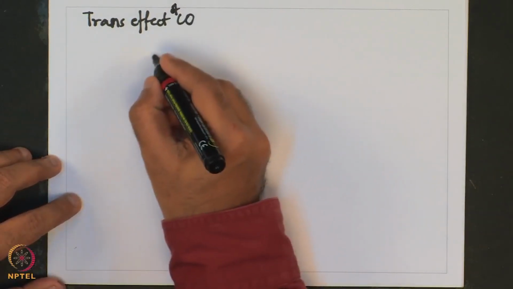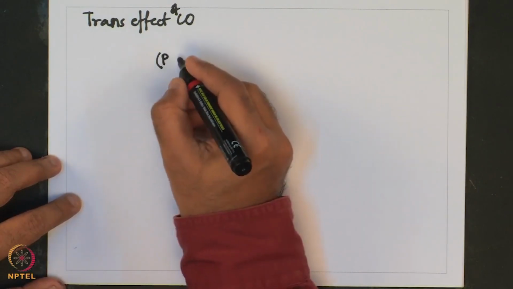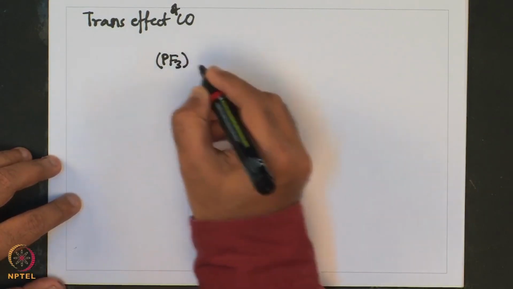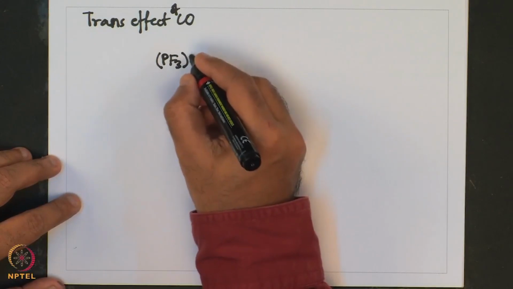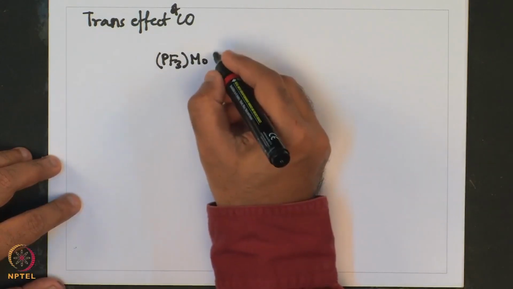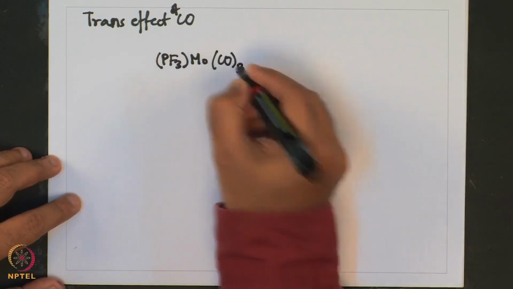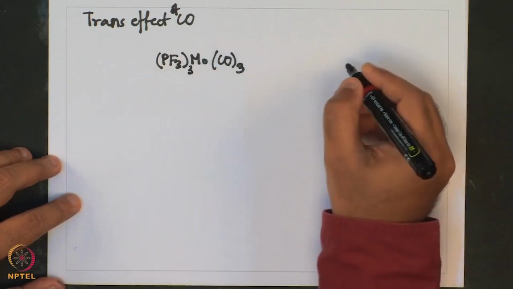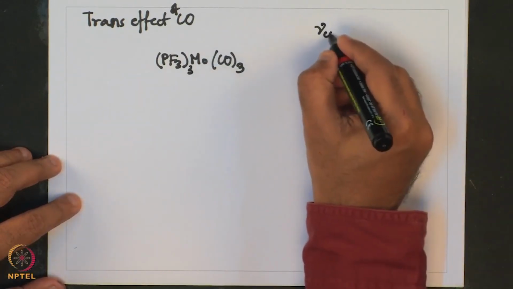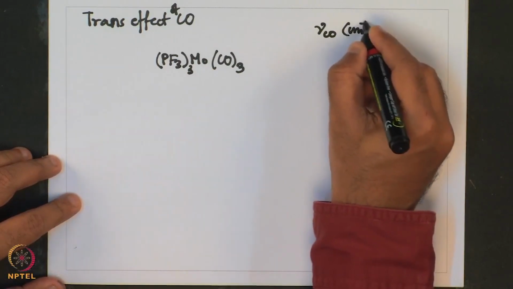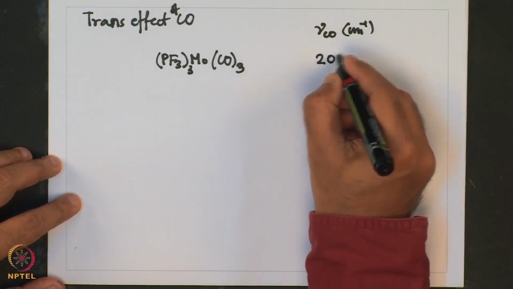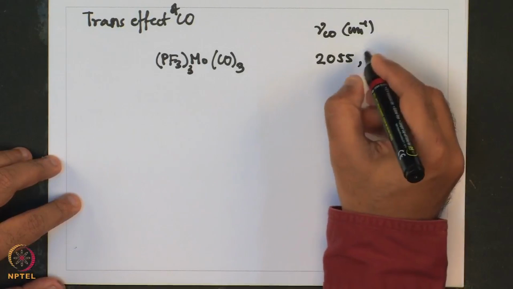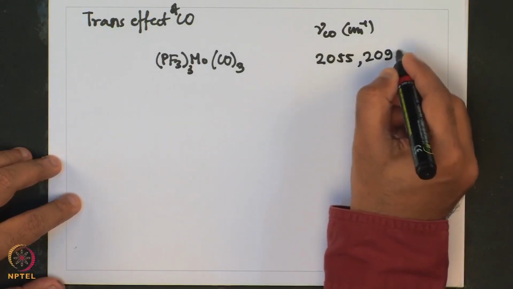For example, in PF3 Mo(CO)3, the new CO stretching frequency in cm inverse is 2055, 2090.